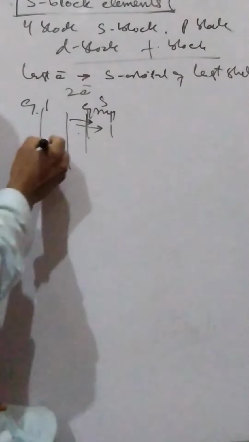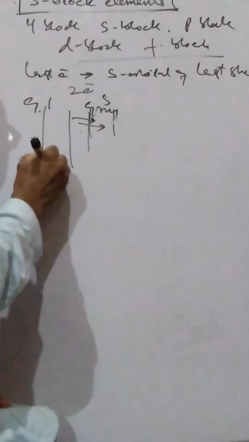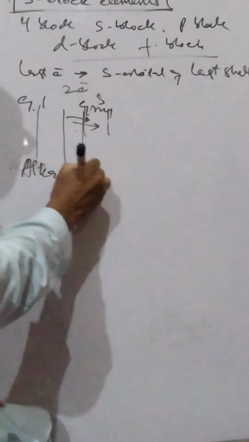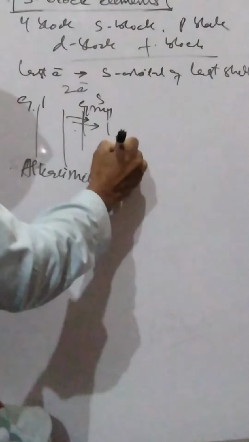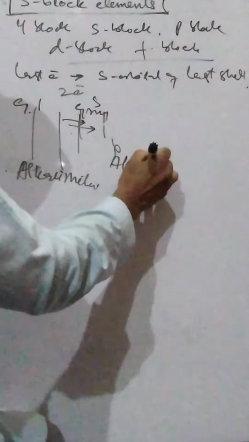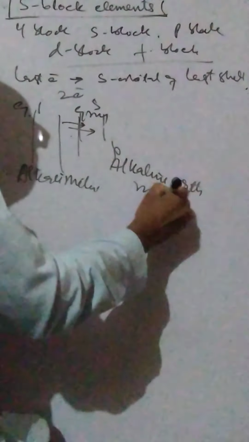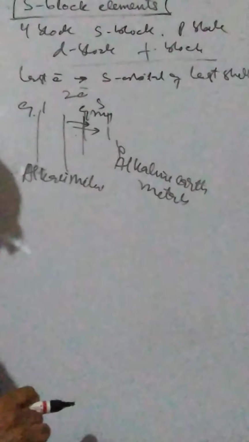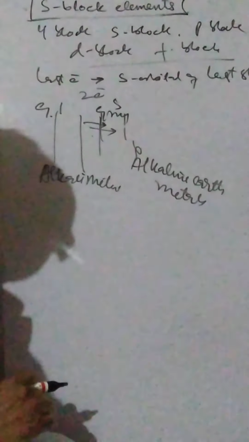Group first is also called alkali metals, and group second is called alkaline earth metals. These are the 2 groups which constitute the S block elements.